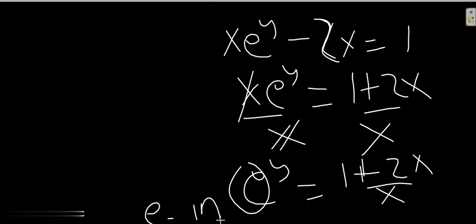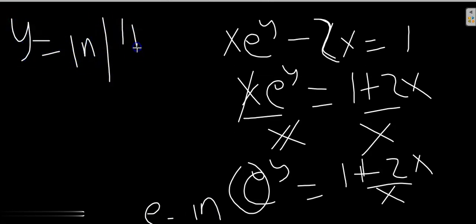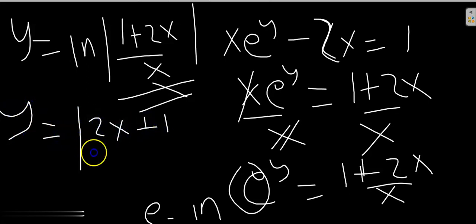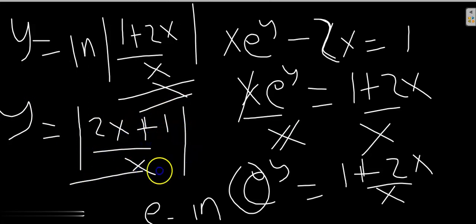So for that reason, I can write this as y is equal to ln of the whole 1 plus 2x over x. So this is my answer. This is my last answer. I can write it if I want to like this, 2x plus 1 over x. This one is plus. So now this is my last answer.